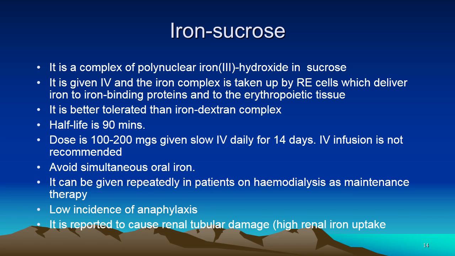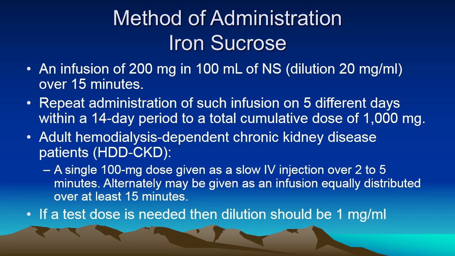It is reported to cause renal tubular damage because high renal iron uptake is there. Method of administration is that an infusion of 200 milligram in 100 ml of normal saline may be given IV in 15 minutes. If the patient can tolerate, direct injection can also be done IV.